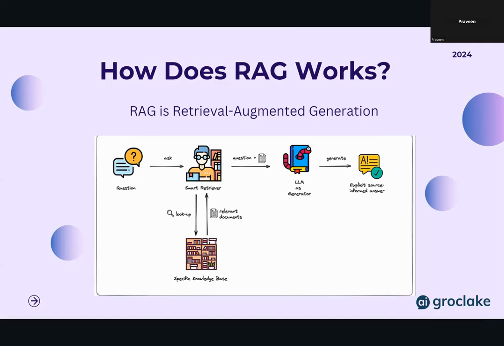But let's say I introduce two more aspects, a retriever and a specific knowledge base. Now when the question comes, all the content related to that question is gathered first. For example, say the question is: what is the capital of India?